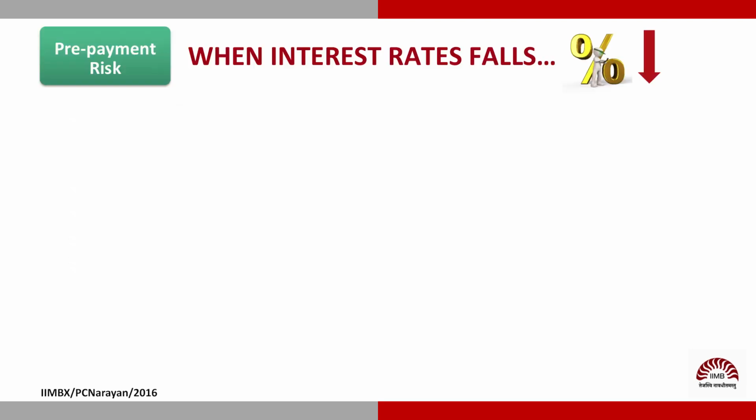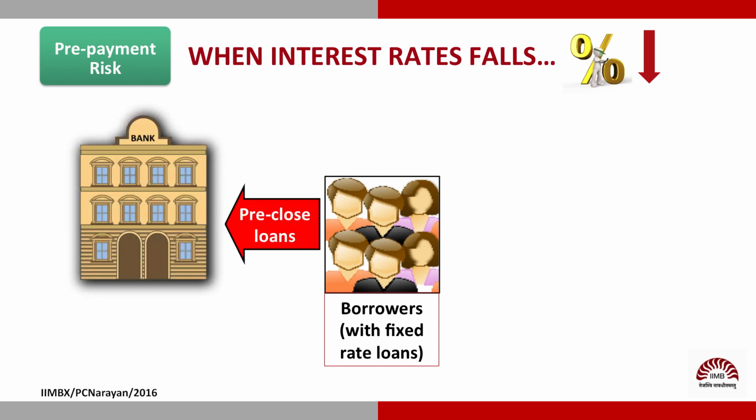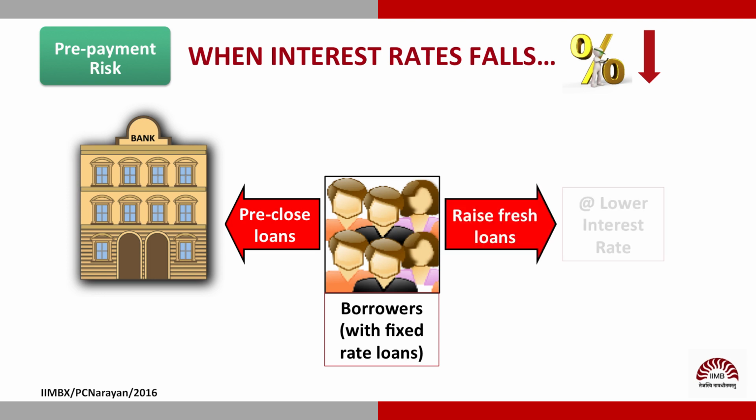When interest rates fall due to favorable macroeconomic factors in the country, borrowers with fixed rate loans would want to pre-close their loan, since they would now be in a position to raise fresh loans at a lower interest rate.